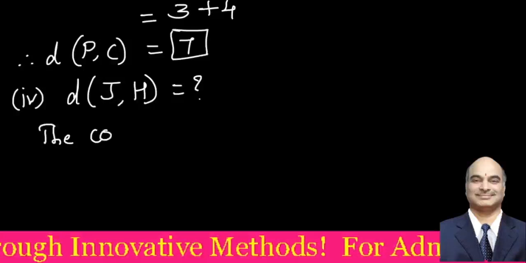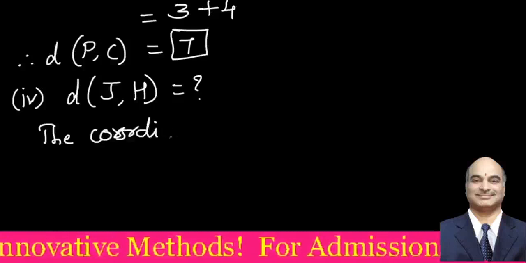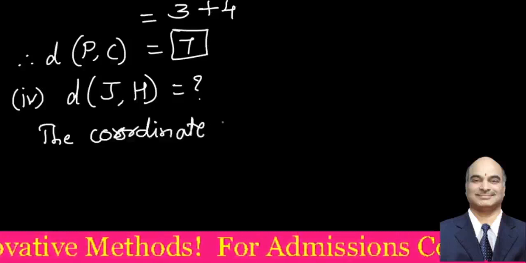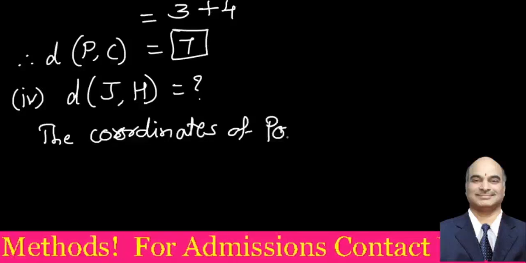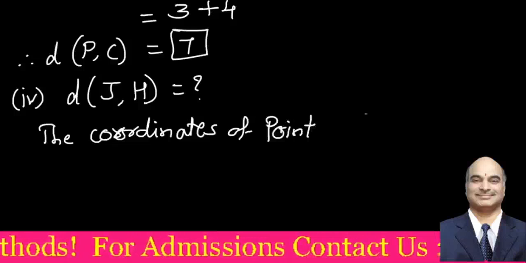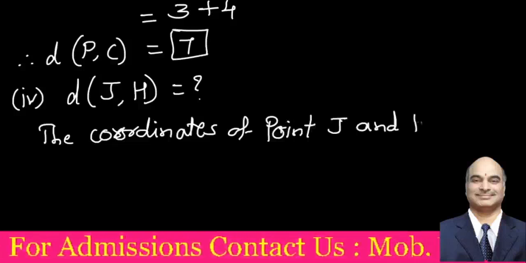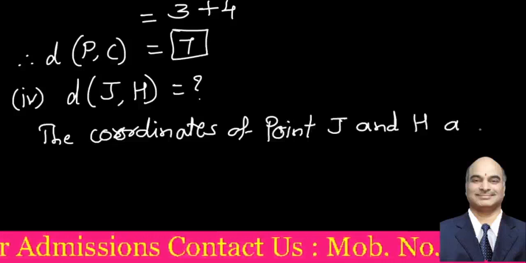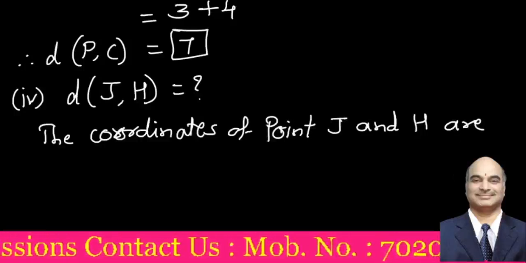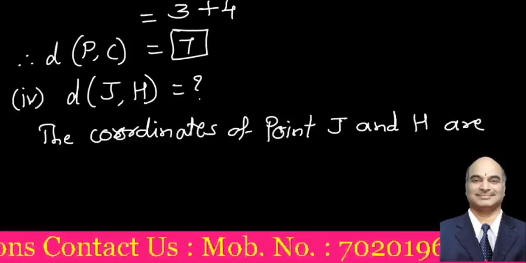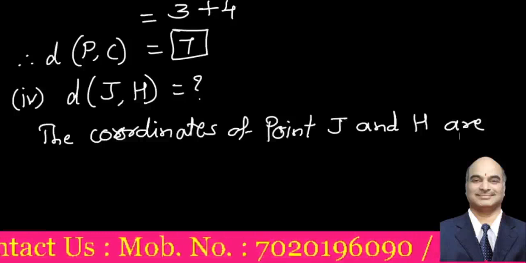Now the coordinates of points J and H are -2 and -1.